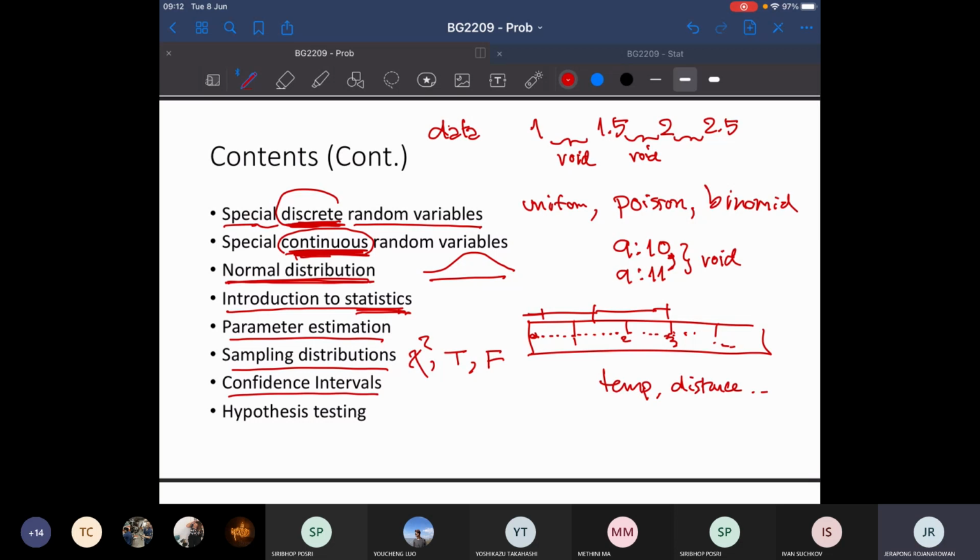And the two here will be included in the final exam. This is one question in the final exam. Confidence interval and hypothesis testing are also one question in the final exam. Also, since this is the most important concept in this course, it is also one question in the final exam.